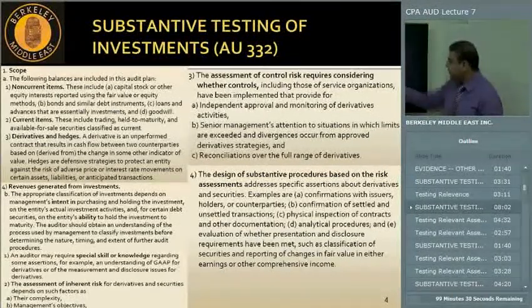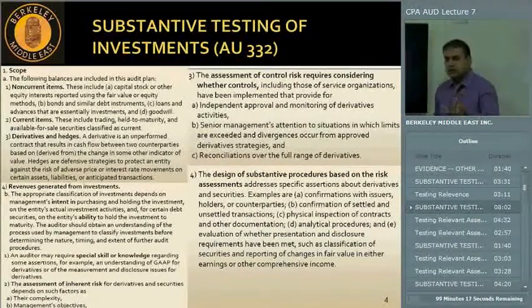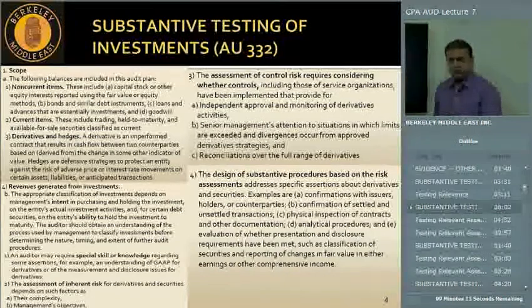So current items include trading, held-to-maturity and available-for-sale securities. These are things we bought for 2 or 3 months, that is a current investment. If we have some subsidiary which is held for sale for 3 or 6 months, we show it in the current portion.